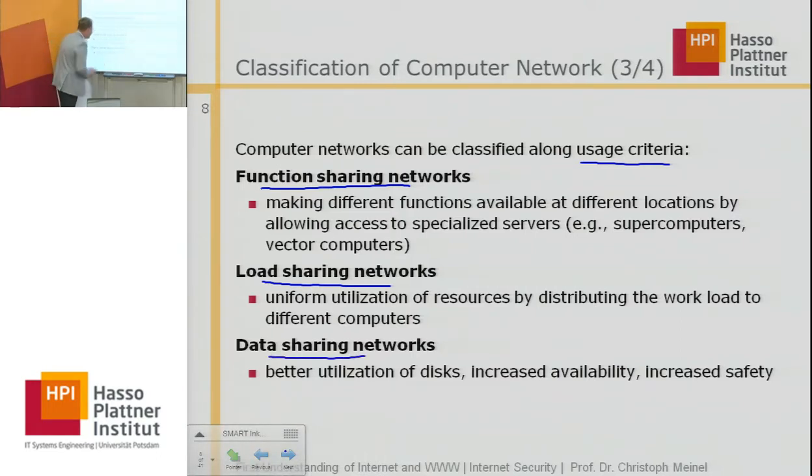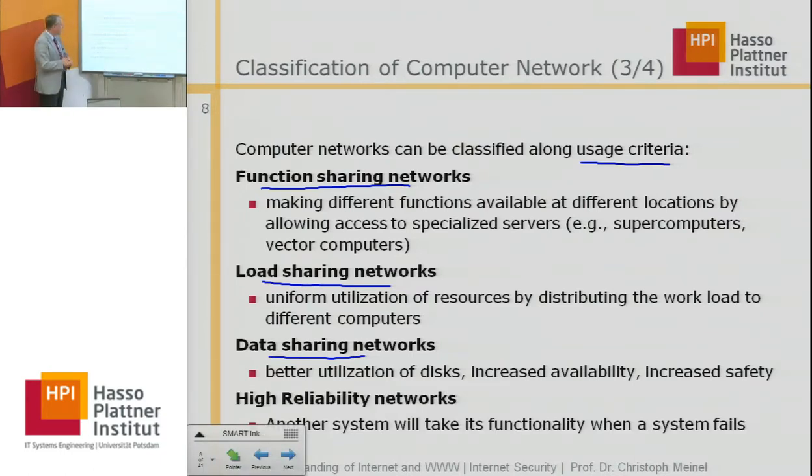Another type are data-sharing networks, for better utilization of disks, increased availability, increased safety, or others. We can also classify networks as high-reliability networks. These are systems that guarantee functionality with a very high probability by providing redundant systems, so another system will take over the functionality if the system fails.